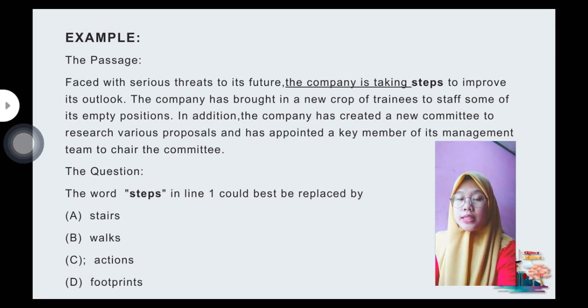The question: the word steps in line 1 could best be replaced by C, actions, because in this question you are asked to choose a word that could replace steps. To answer this type of question, you must see which answer best fits into the context. In the passage, you cannot say a company is taking stairs or walks or footprints, but you can say that a company is taking actions. Answer C.